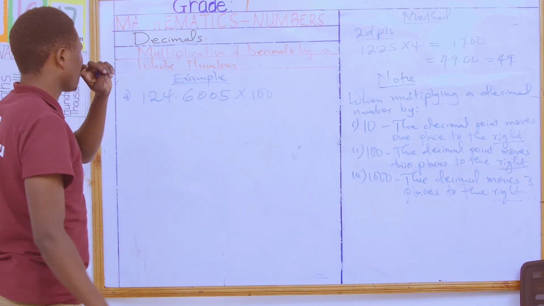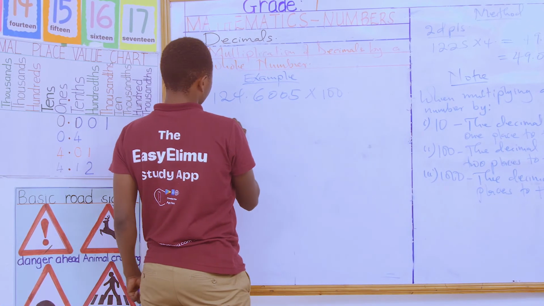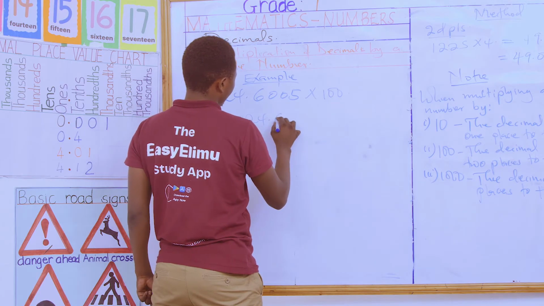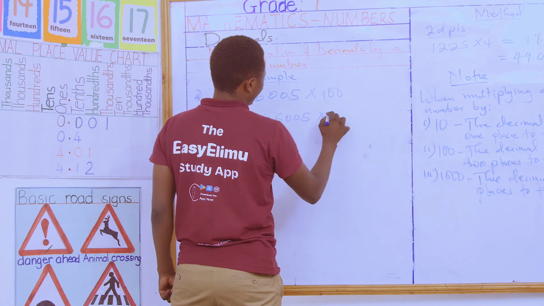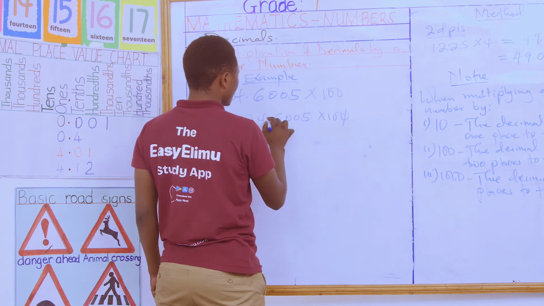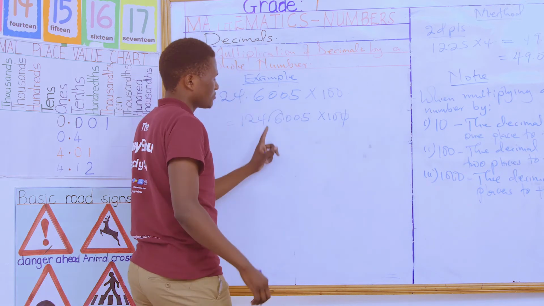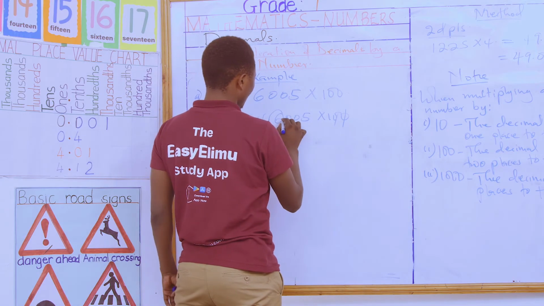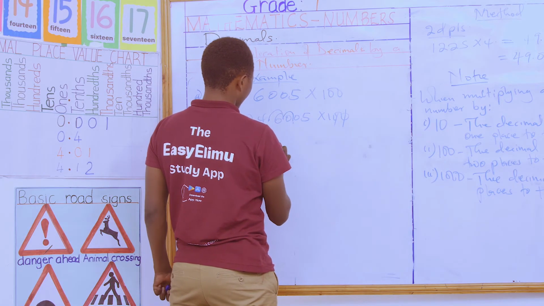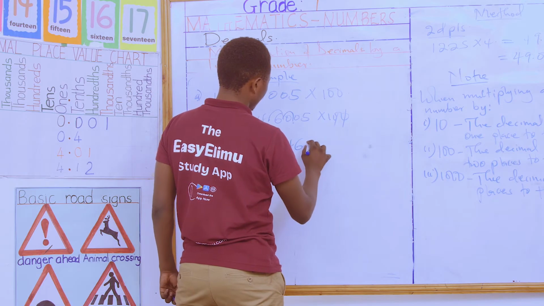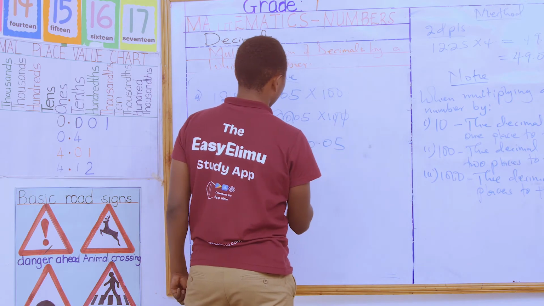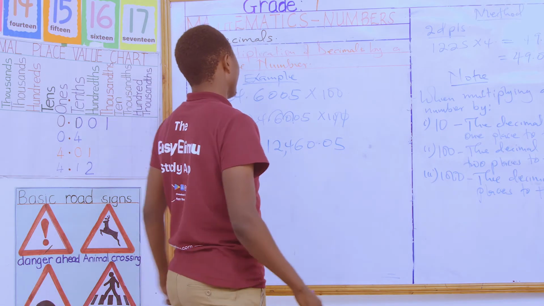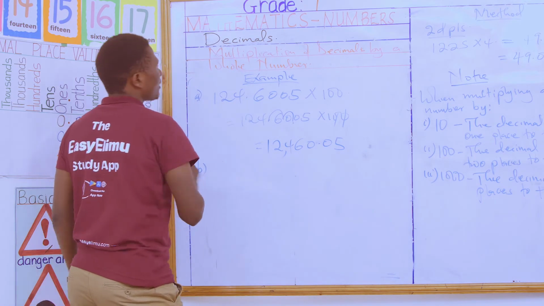So following the simple rules that we have discussed, this would imply that it is 124.6005 times 100. The first 0 has shifted the decimal point 1 place to the right-hand side. The other 0 will shift it to this point, such that you'll have 12460.05. So this will be 12,460.05.